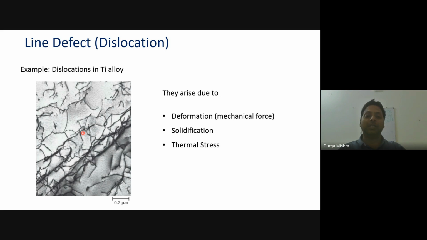In those conditions there will be thermal stress, and that stress will lead to certain kinds of deformation, and dislocations will also occur. Your goal is to avoid this, because once these dislocations appear, the strength will decrease. So you want to know the limits up to which a material can withstand a stress. It could be a thermal stress, a mechanical stress, or any other stress.